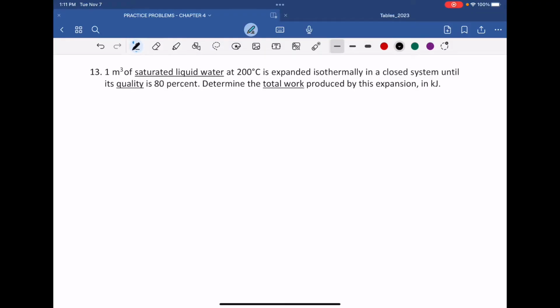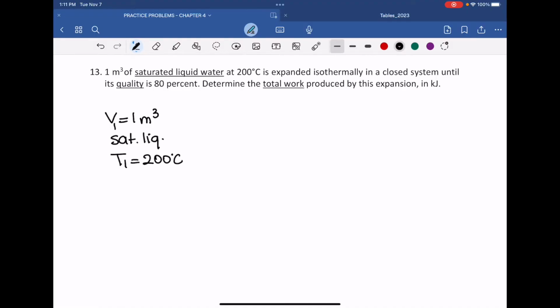Okay, so we have saturated liquid water at 200 degrees Celsius, expanded isothermally in a closed system until the quality is 80%. So initially they give us the volume, and we know it's saturated liquid of water, and the temperature is 200.